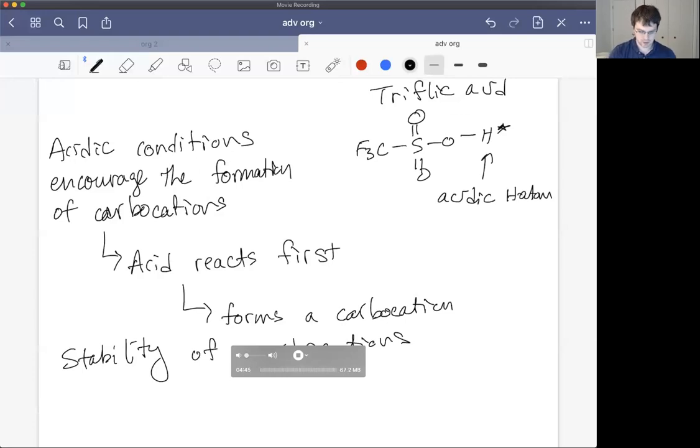Now, in general, what we have to remember is that for carbocations, we want things that are more stable, or more substituted. So we want more substituted carbocations because they're more stable.